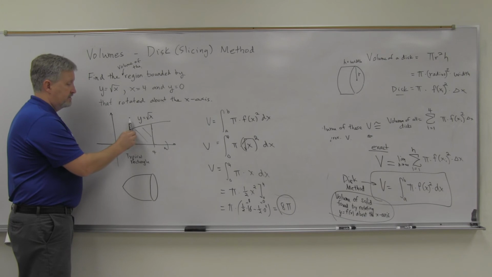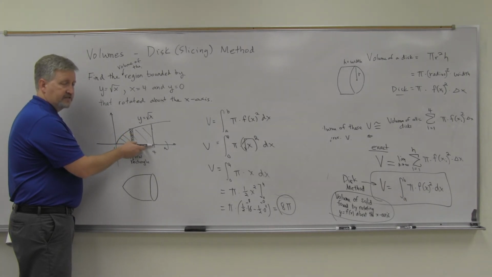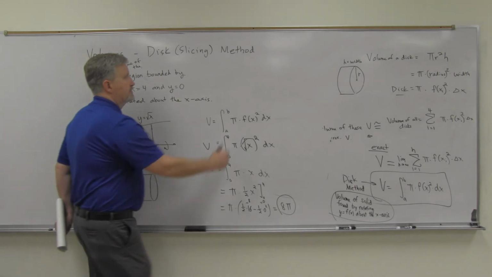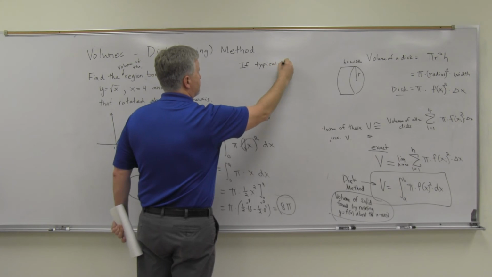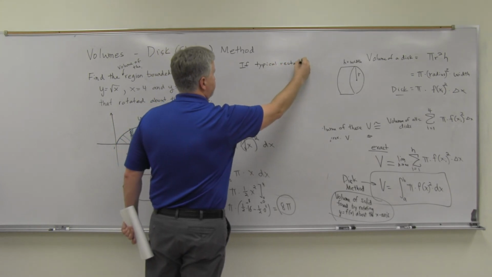In the disk method, that's the way it works. Your typical rectangle is perpendicular to your axis of rotation. So we might want to make that a little note.